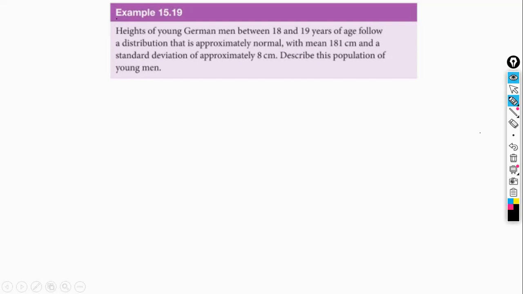So next we have example 15.19. It says, heights of young German men between 18 and 19 years of age follow a distribution that is approximately normal, with a mean of 181 centimeters and a standard deviation of approximately 8 centimeters. Describe this population of young men. For this, we're going to use the empirical rule.